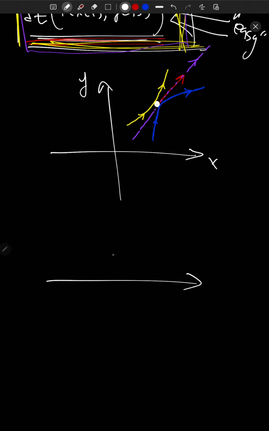This is the x direction, that's the y direction, right? If I want to know what's going on in this direction here, I'm always going to do my parameterizations so that the velocity vector at the point of interest has length 1. In other words, this has to be a unit vector.